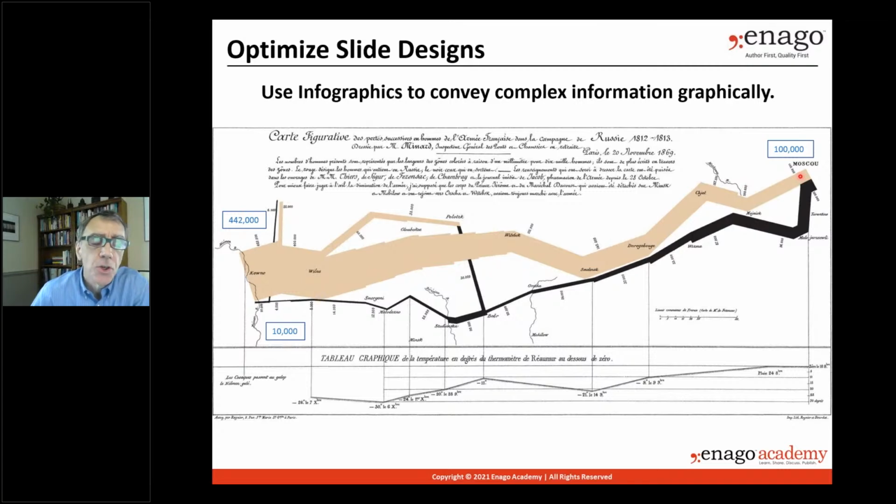but it's also showing something else. The width of this line is proportional to the number of soldiers in his army. So we started out with 400,000 soldiers in his army at the beginning of the campaign. But the width of this line is narrowing as various battles ensued during the fall of 1812.